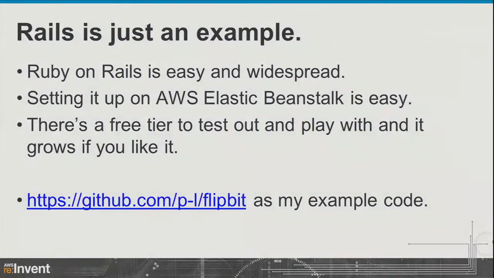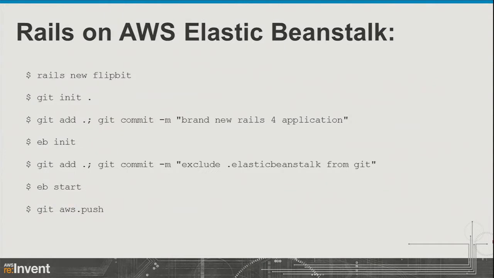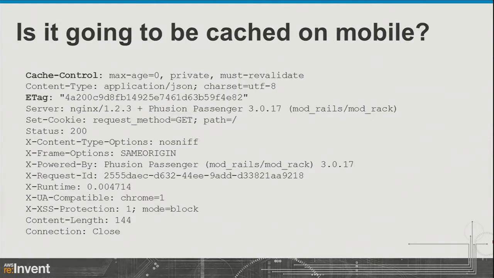I have a GitHub repo if you want to look at the code, with a fairly small amount of code. Setting it up is very well documented on the Amazon Developer Network. It's a Git repo, a standard empty Rails application, and you just start it and look at what happens.